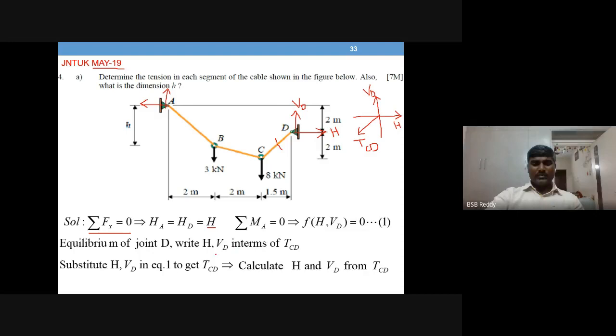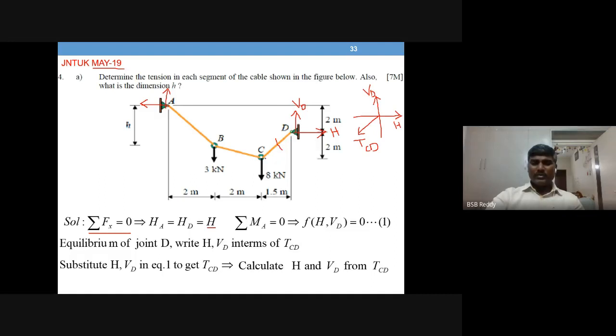Now write H and VD in terms of TCD. So how do you write that?